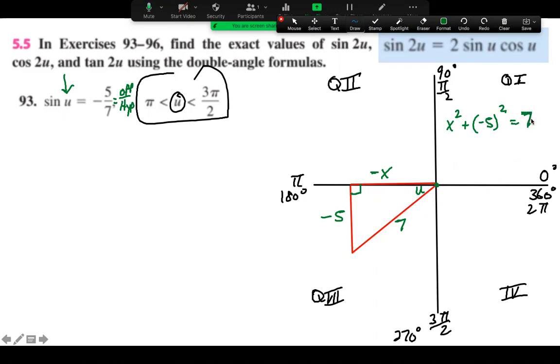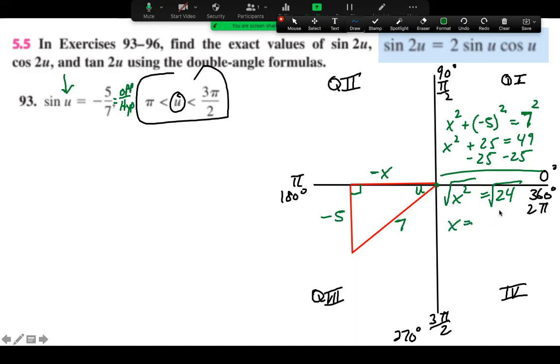Similar kind of thought there, equals 7 squared. So that would be x squared plus 25 equals 49. Subtract 25 from both sides. So we have x squared is equal to 49 minus 25, which is 24. Take the square root of both sides.